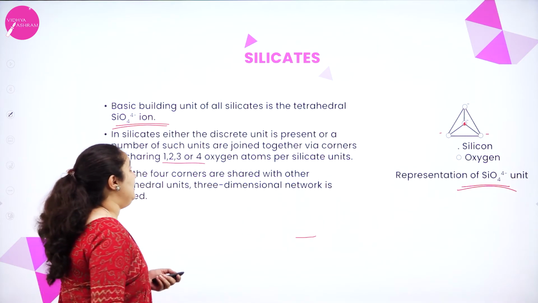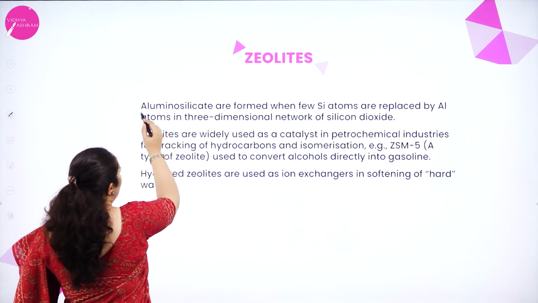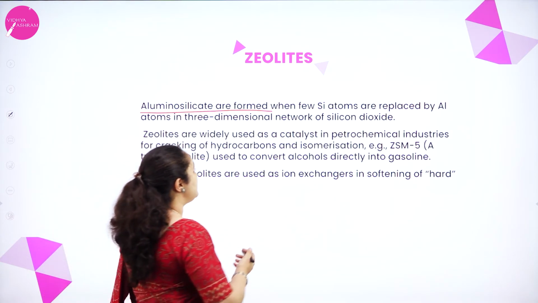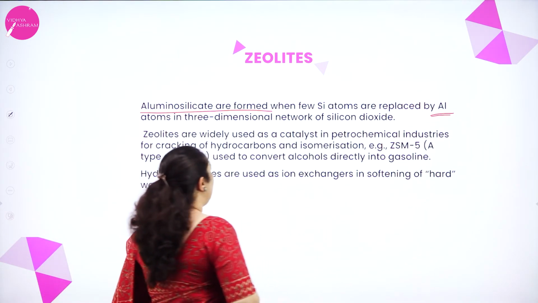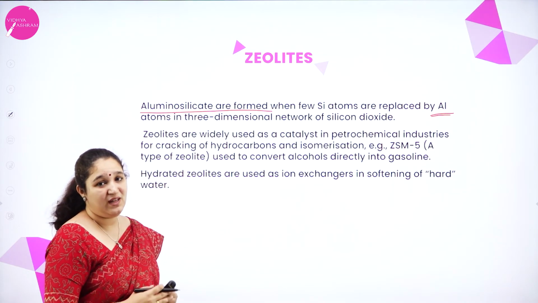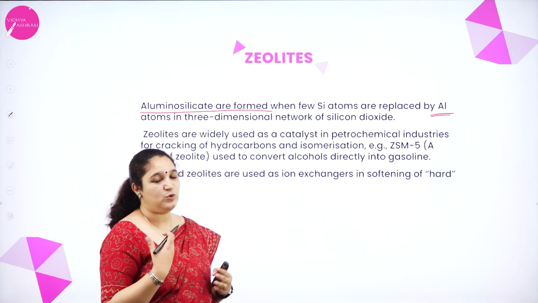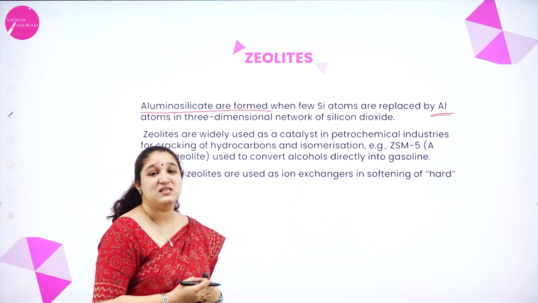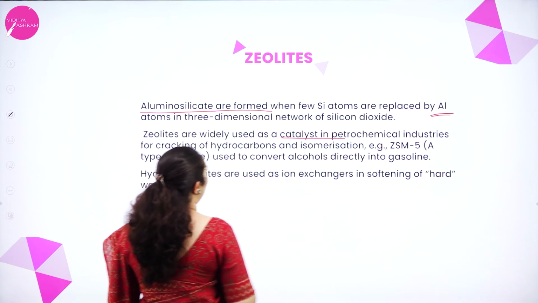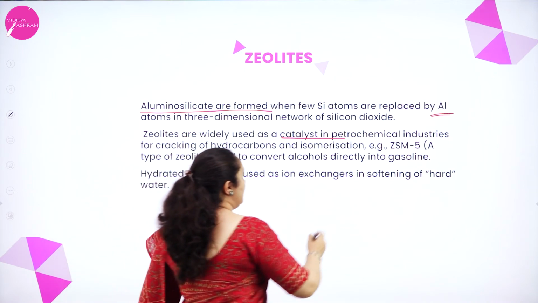Okay. Next we have zeolites. What are zeolites? Aluminosilicates are formed when a few silicon atoms are replaced with aluminium in a three-dimensional network of SiO2. So we learned the SiO2 three-dimensional structure. Remove some of the silicons, and if you put aluminium there, we call them zeolites. Zeolites are used as catalysts in petrochemical industries for cracking of hydrocarbons and isomerization.